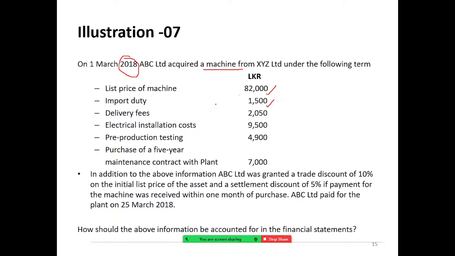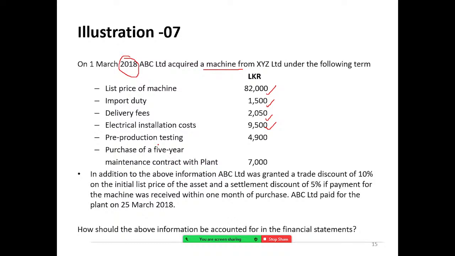Import duty, so it is obviously directly attributable to the cost. And delivery fees, so we can include the delivery cost. And electrical and installation cost, so it's a directly attributable cost.